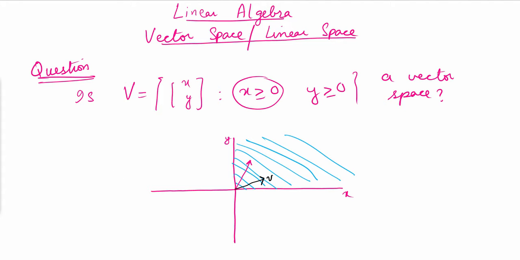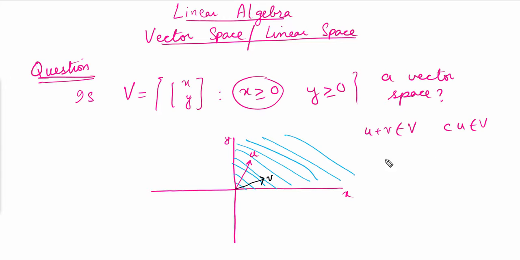So number one thing, when we add the vectors, they should remain in the vector space. And if you multiply any vector with a constant, it should remain in the vector space.